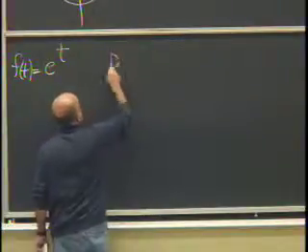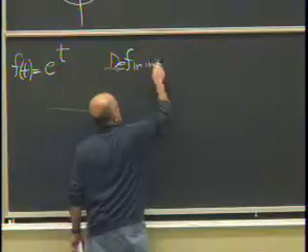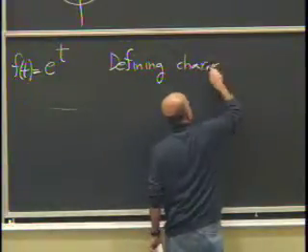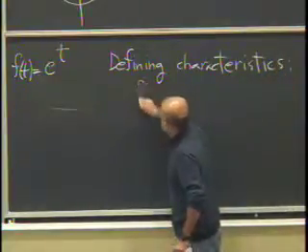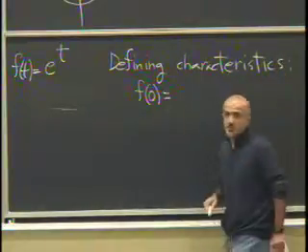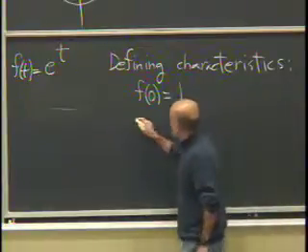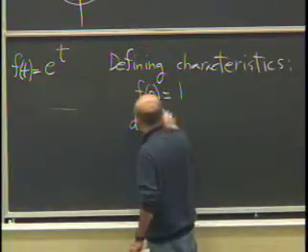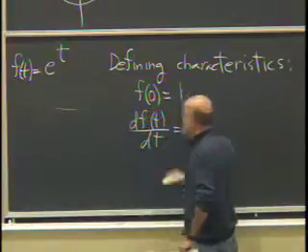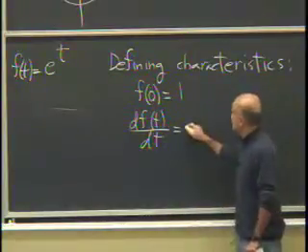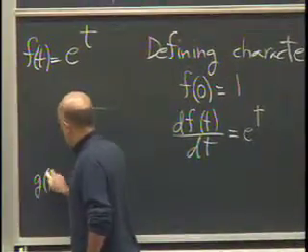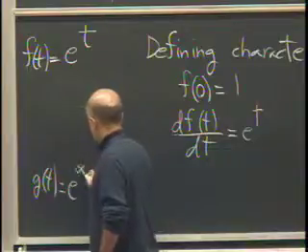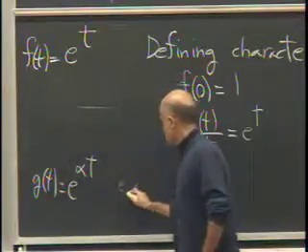Some of its defining characteristics are that, first of all, at time 0, its value is 1. And when you differentiate it with respect to time, you get itself back. Now, what if I modify this and look at e to the alpha t, where alpha is a real number?